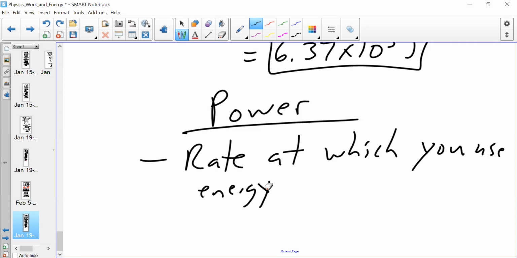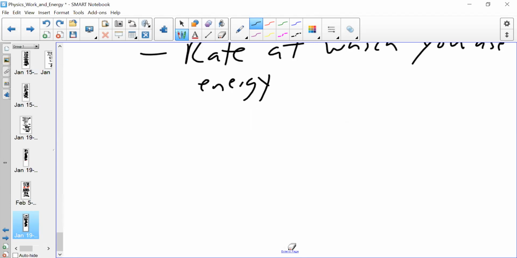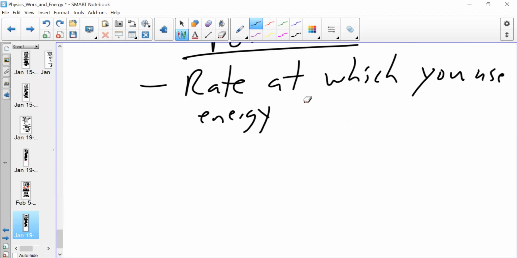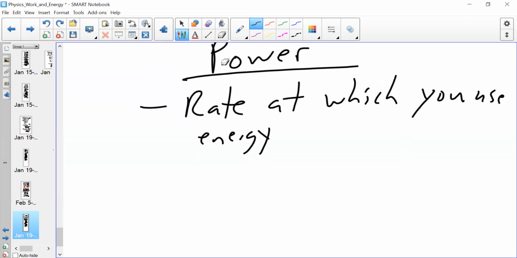The rate at which you use energy. And more specifically, let me be a little bit more specific with that. The rate at which you change your energy. The same difference, the semantics, but I want to be a little bit more specific there.